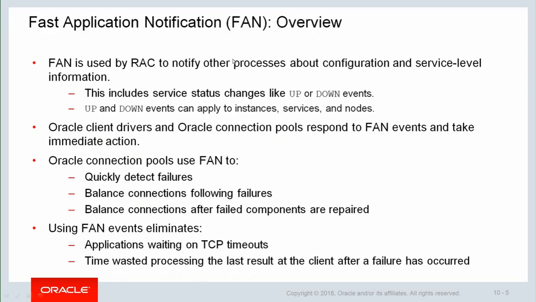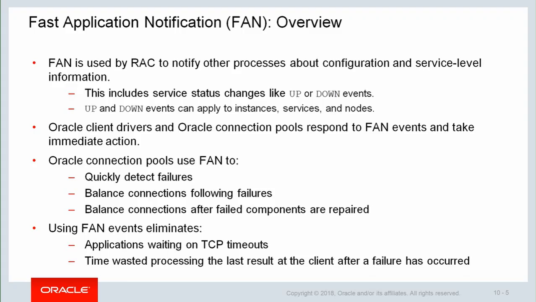And FAN. FAN is fast application notification. In the clustered environment, if something goes bad, for example, a service failed, or an instance crashed, or you have a node failure, then Oracle Clusterware can detect this problem and describe it through a FAN message, fast application notification, and then notify the application to share these changes.